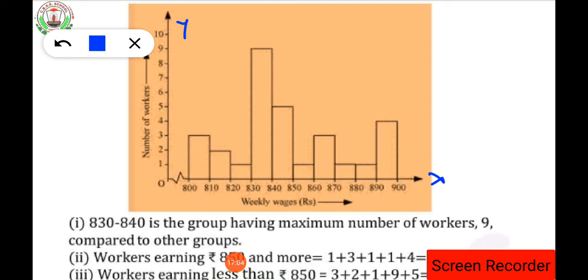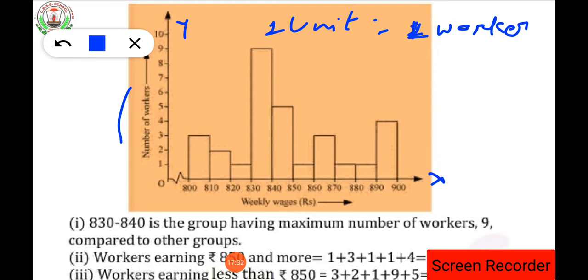Then for scale you can use 1 unit equals 1 centimeter itself, because the number of workers are 1, 2, 3, 4, 5, 6, 7, 8, 9, 10. That means 1 box is equal to 1 worker. So 1 unit is equal to 1 worker. This you have to write at the top of your graph paper. Have you understood?